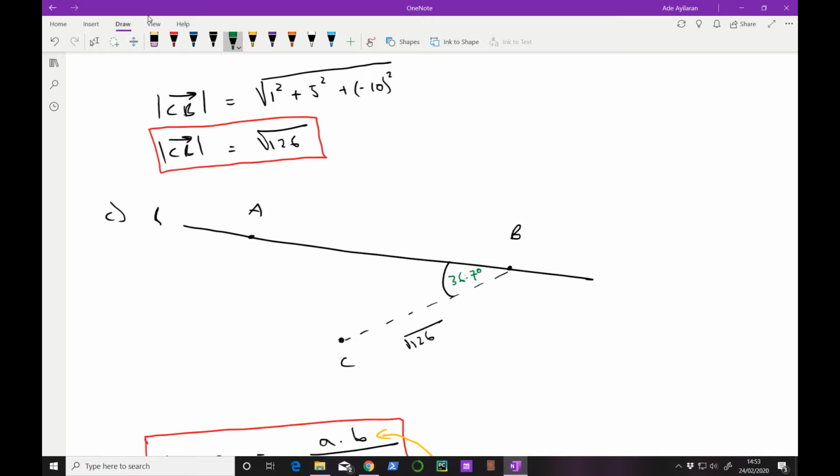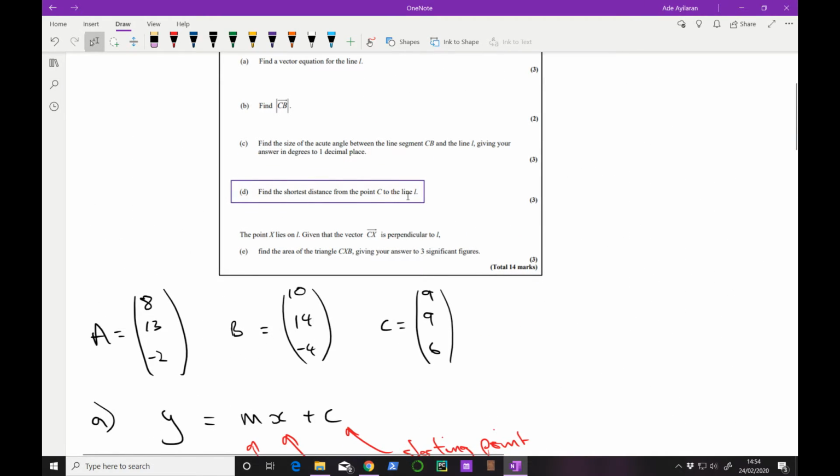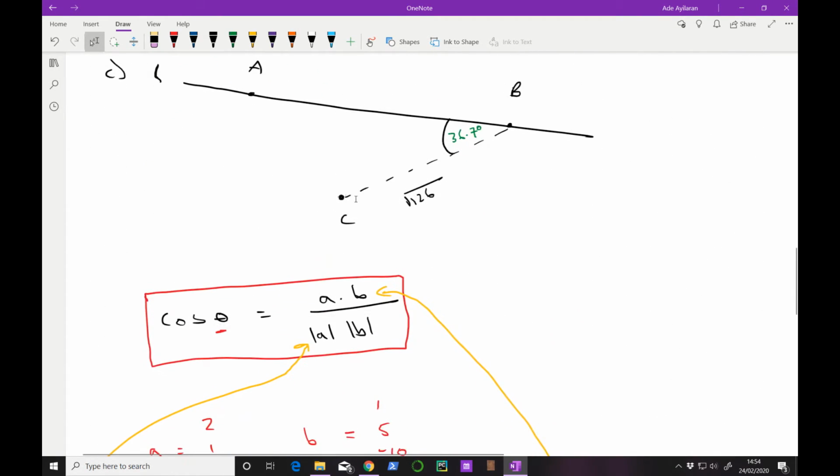I don't really know the distance between A and B. D asks us to find the shortest distance from C to the line L. So I've placed C here. Let's just, for the moment, assume that this isn't the appropriate position of C. What if I put C over there, or over here, or over there?